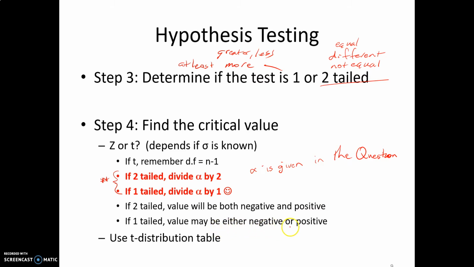And there are some ways we can learn to understand when it's going to be negative or positive. To find a critical value, we're always going to use the t-distribution chart, even if it's for a Z value.